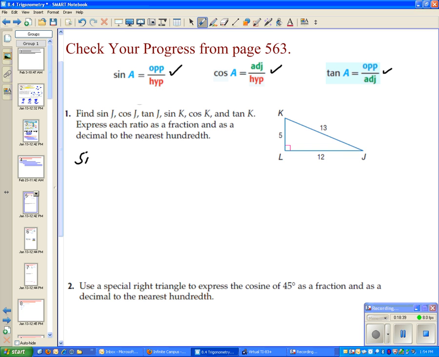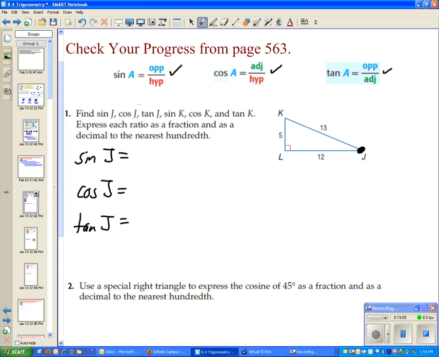So first, let's find the sine of J, cosine of J, and the tangent of J. Well, then we look at our triangle. There's J. Before we try to write a ratio, let's label. I'm going to label them literally on the page. You can just do it in your head. Let's label what each of these numbers are.